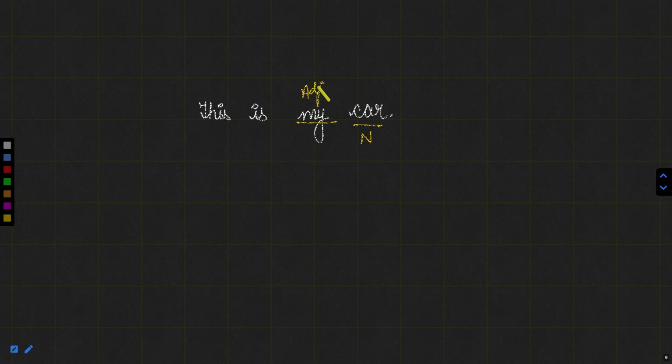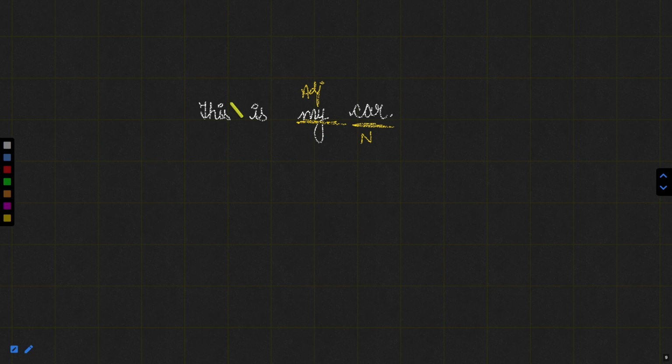And we know the structure of the sentence, that the adjective comes just before the noun. So in this case, my is an adjective, whereas car is a noun, because only an adjective can qualify a noun. And here we are saying that the possession of this car is my. It means this car belongs to me.